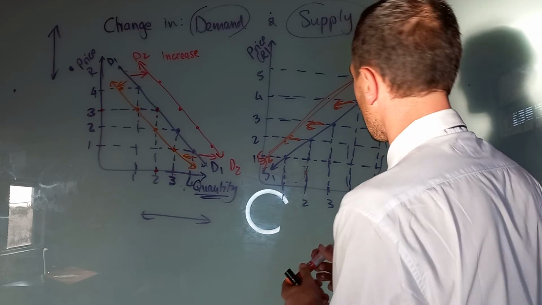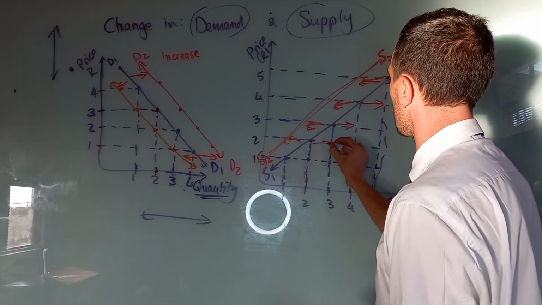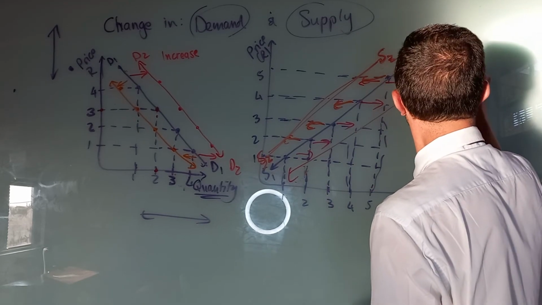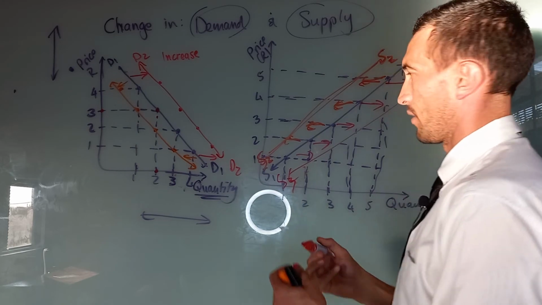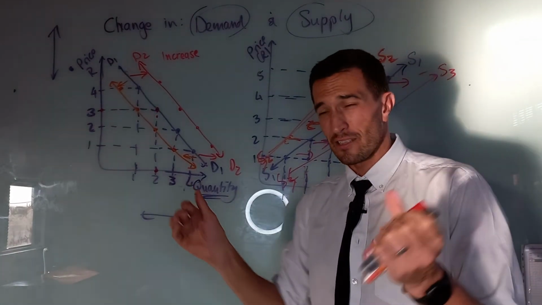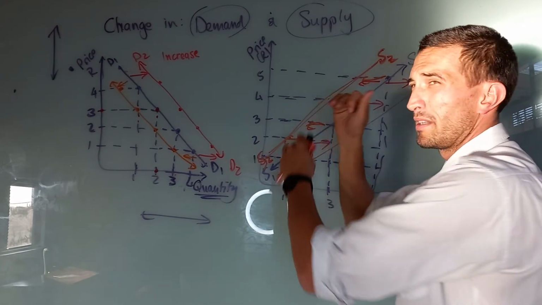If there's an increase in demand or supply, it always moves to the right. Okay. And it's important to number your graphs.